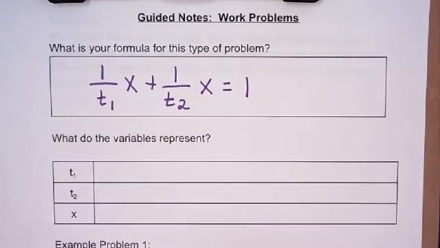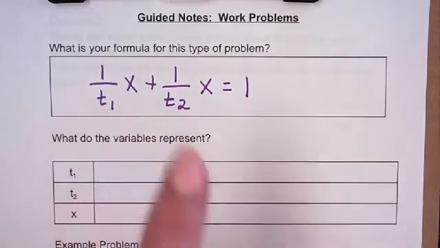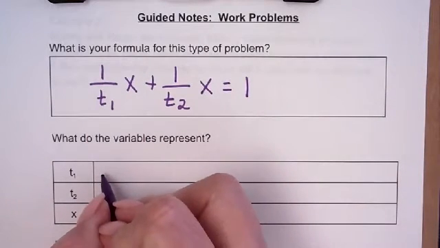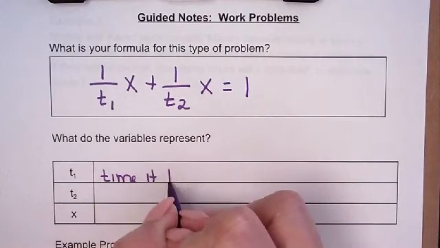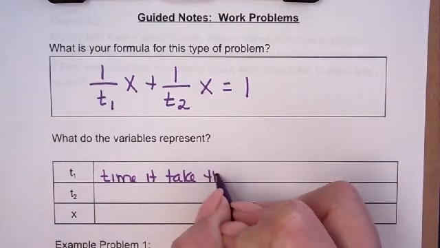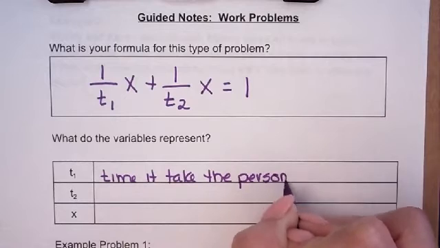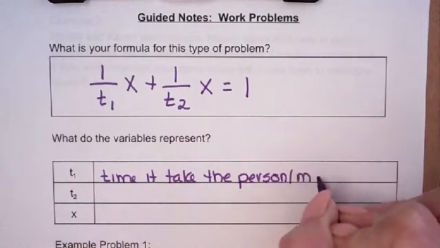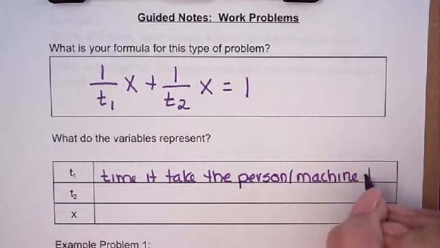Well, let's talk about what those variables represent. T sub 1 is the time it takes the first person or machine, could be either, to do the job.